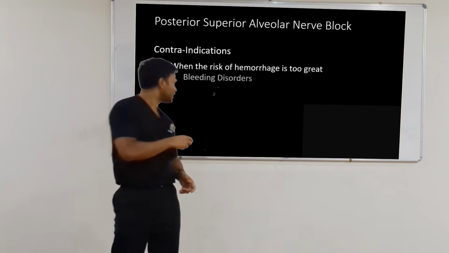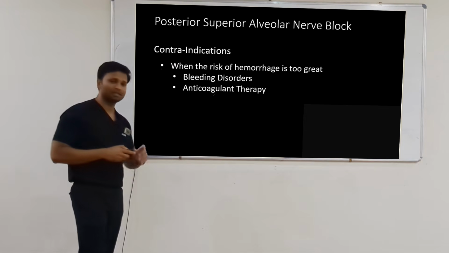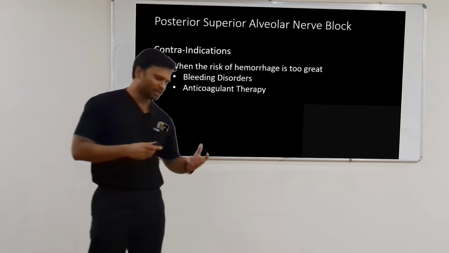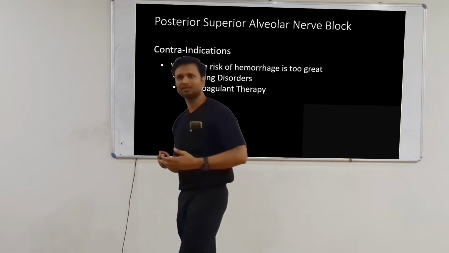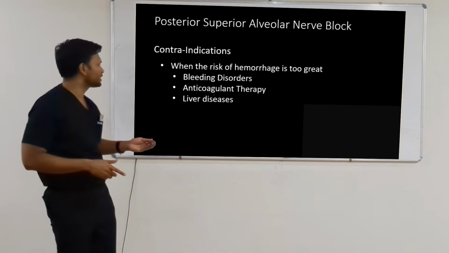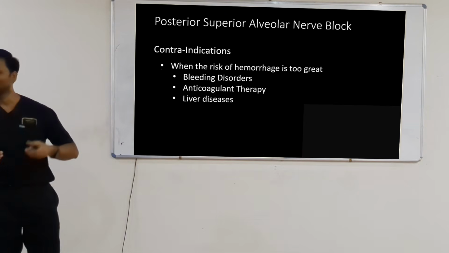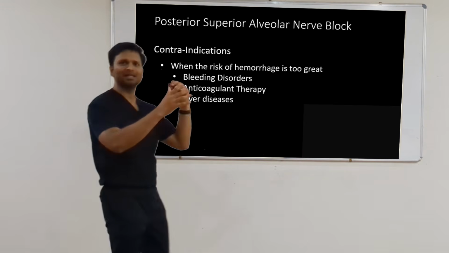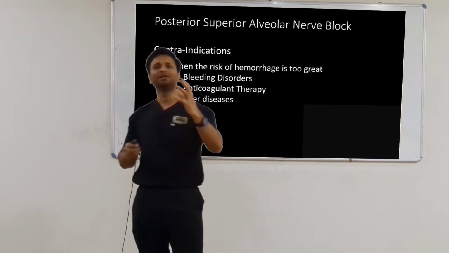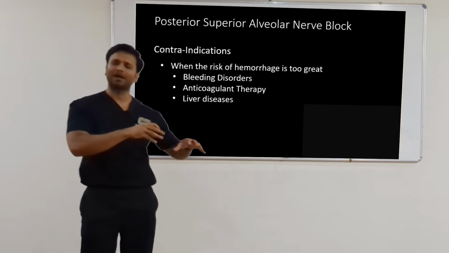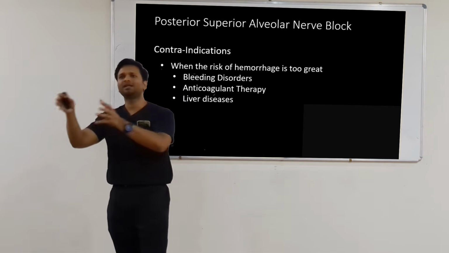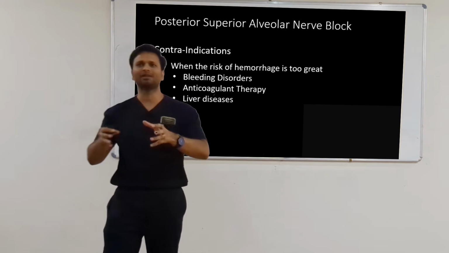Another thing, bleeding disorder and anticoagulant therapy. Apart from that, one more condition in which this hematoma can be life-threatening is liver disease. In liver diseases, for example liver cirrhosis or hepatitis, the liver is basically a factory for vitamin K derived clotting factors. So if the liver is not working fine, we don't have those vitamin K derived clotting factors: 2, 7, 9, 10.